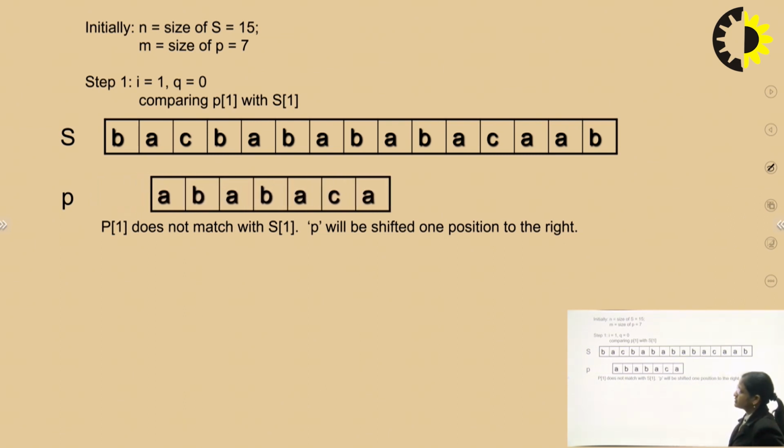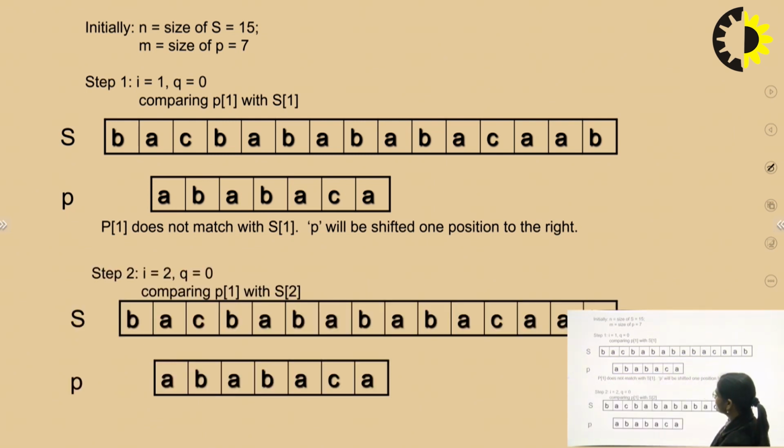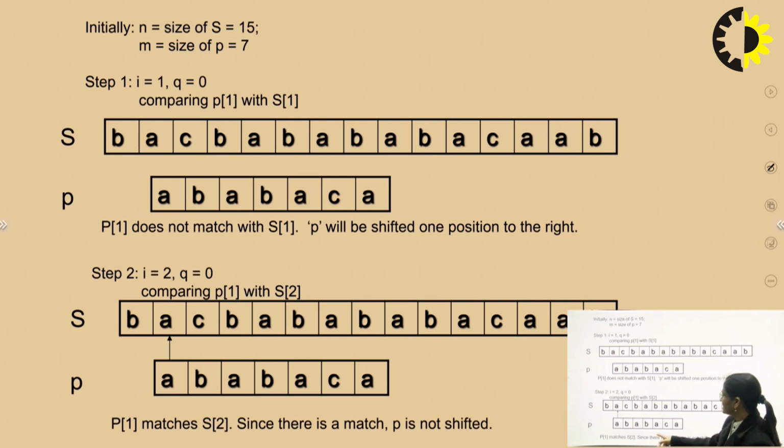Then in this case we have to compare S with P. Here this shift occurs and we have to compare P1 with S2. So step 2 is I equal to 2, K equal to Q equal to 0. We compare P1 with S2 to see if they match. In this case P1 matches with S2.